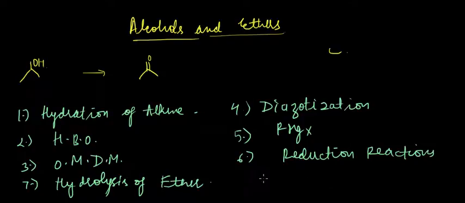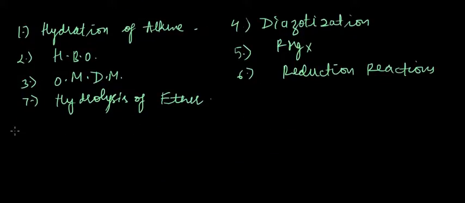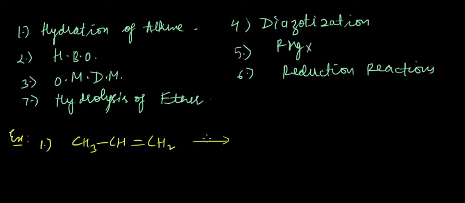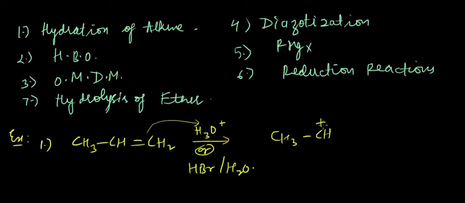Okay, so let's get started with our first example, wherein we have something like alkene. Alkene on reacting with, or rather hydration of alkene, we can also use HBr in presence of water. We'll get something like a carbocation.